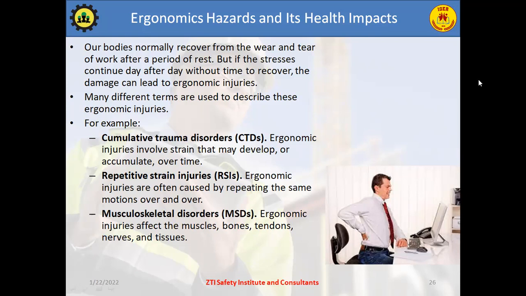So usually we recommend workers how to save themselves from any MSDs. He has to change his posture, he has to work out, and he has to inspect his workstation, the sitting posture, the working periods, and how long he is working in the same conditions.